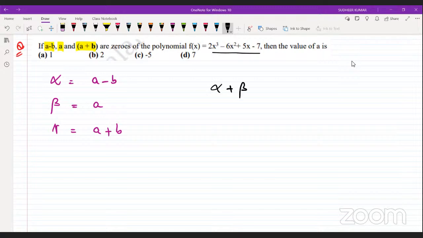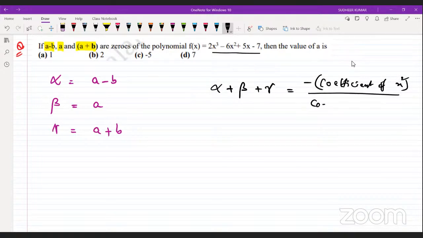So alpha plus beta plus gamma, the sum of the roots, is, since a and b are already used, minus of the coefficient of x square by the coefficient of x cube.